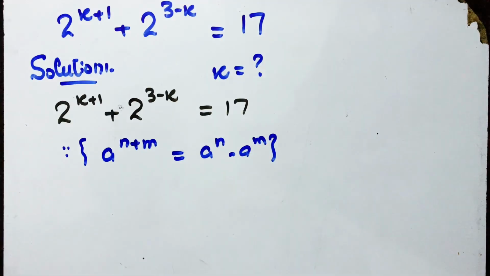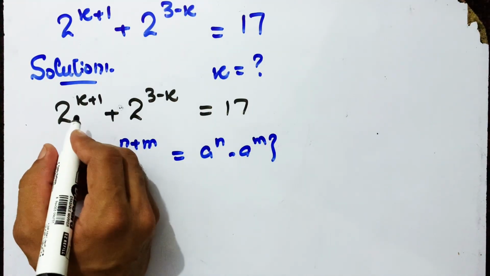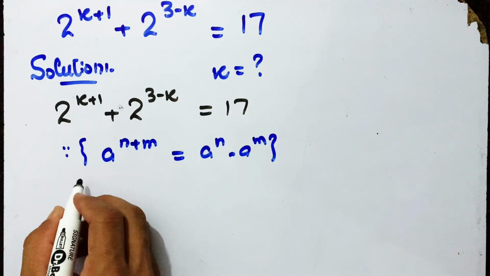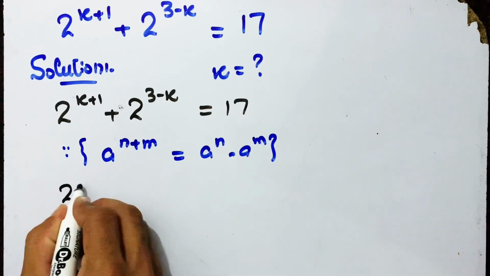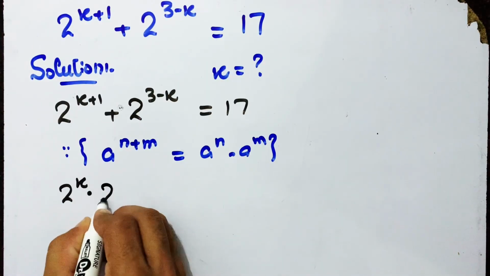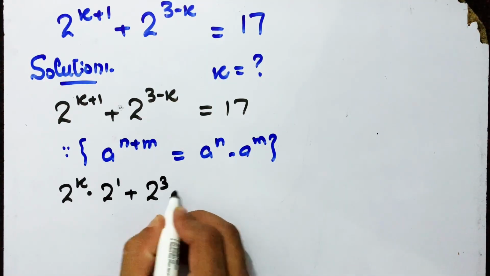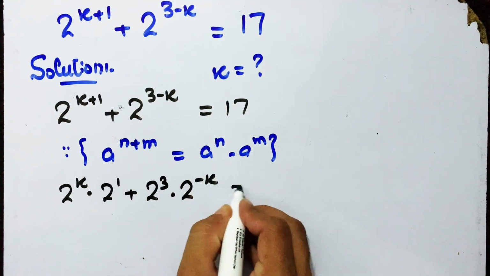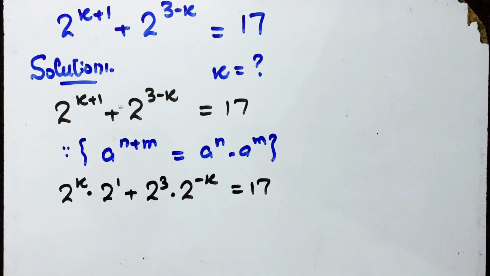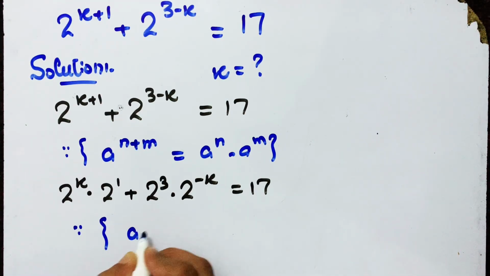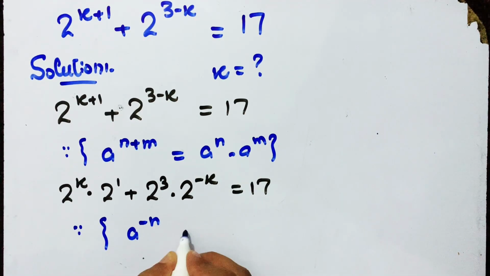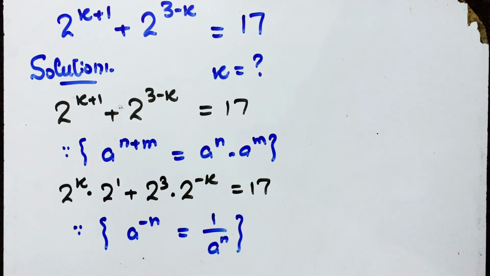So this equation becomes 2^x times 2^1 plus 2^3 times 2^(-x) equals 17. Again, the quotient of powers rule: if a has a negative power, this means 1 divided by a to the power of n.